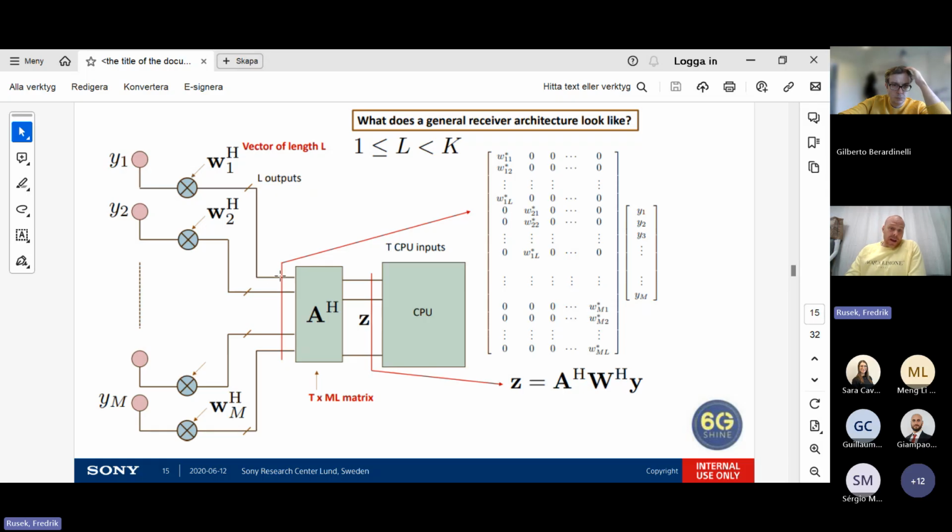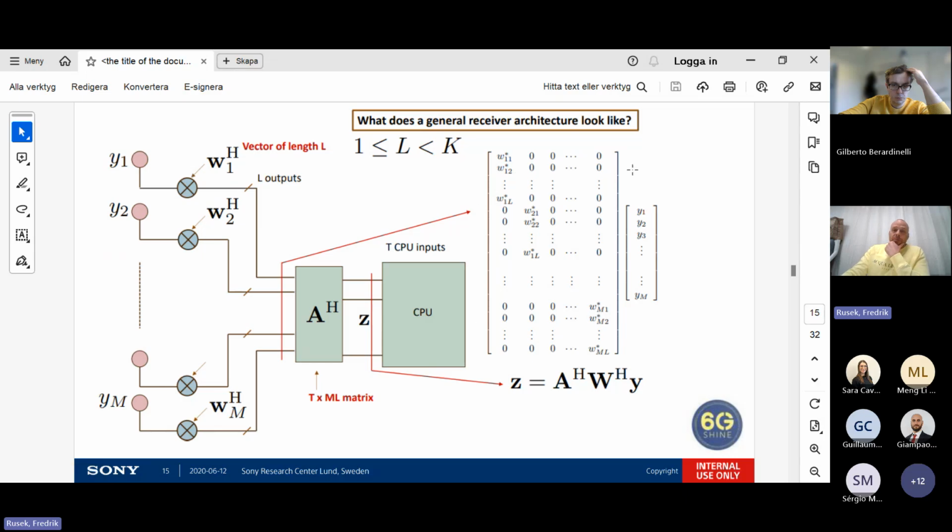If we take an illustration of what we have at the input of the matrix A Hermitian, we have all our observations Y, and they get multiplied by a big matrix here. You can carry out this multiplication antenna per antenna, because Y1 will hit some numbers here, W's, but all of this is calculated at antenna 1.